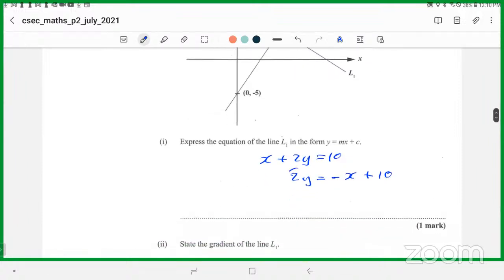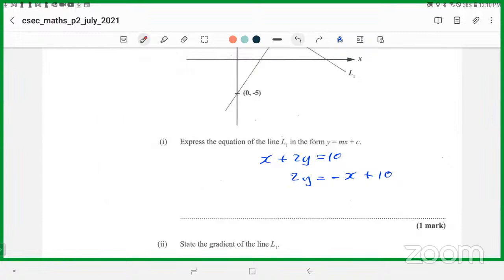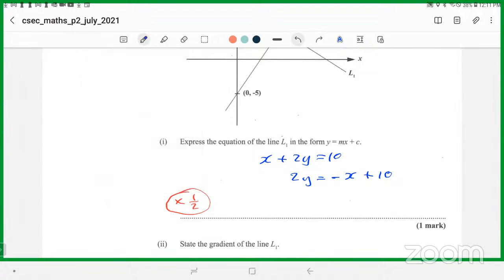Then I need to divide through by 2 or multiply through by 1/2. To get rid of this 2, because I need y alone as the subject, I'm going to multiply by 1/2. Or you could divide through by 2, same difference. So this becomes y, when you multiply by 1/2, equals, you multiply this by 1/2, it becomes -1/2 x.